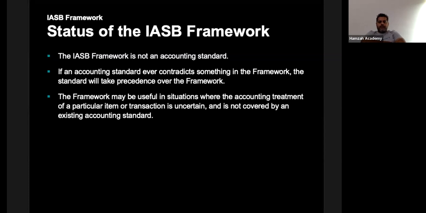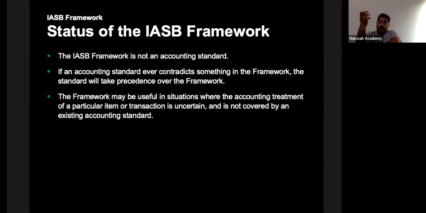And again, overall, talking about the framework, the purpose of the framework is to state the principles and concepts that the IASB should use when developing new accounting standards. It should also help national standard setters develop their own accounting standards in a way that is consistent with international accounting standards.